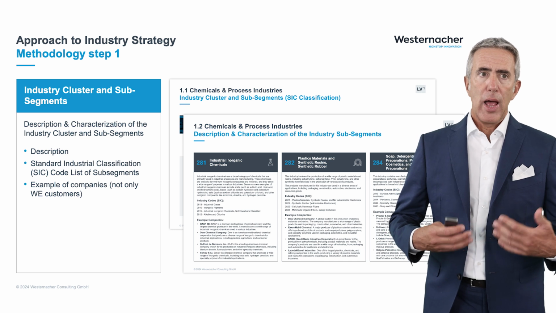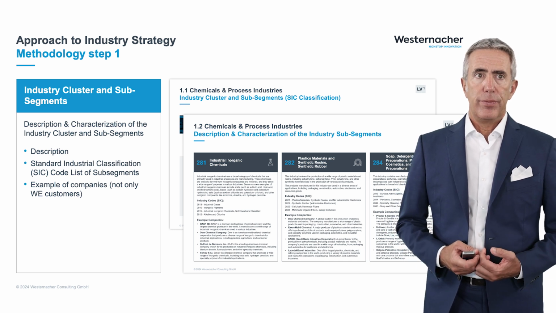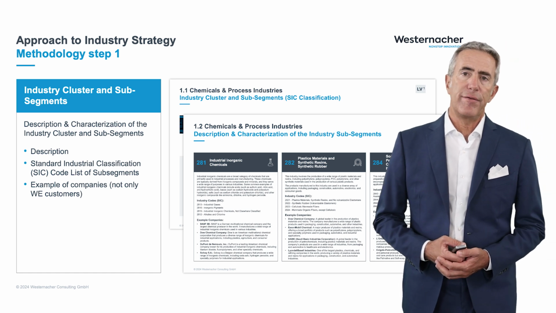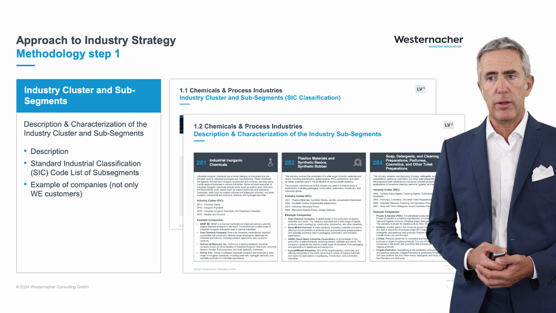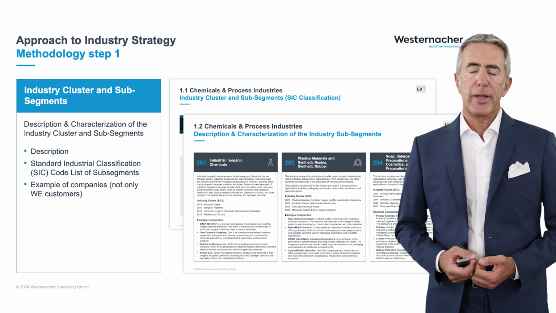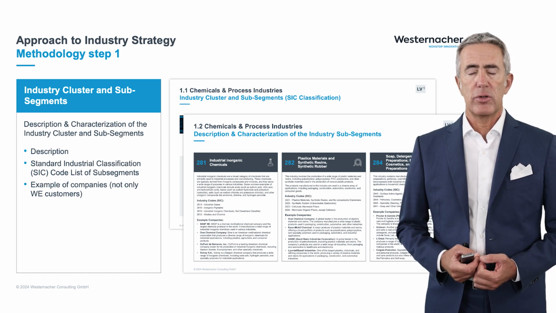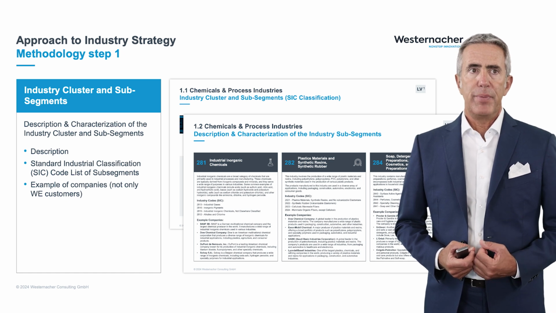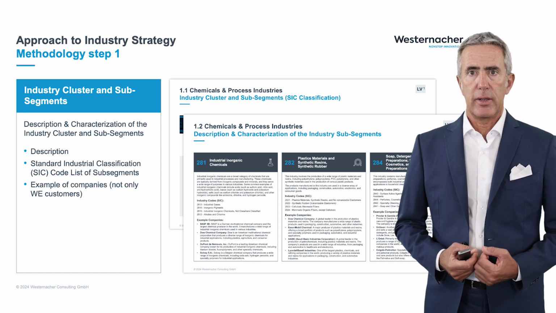We have also done a more detailed investigation in defining the characterization of the industry. For example, here in this slide, you can see how some of the sub-industries have been classified with some relevant information.